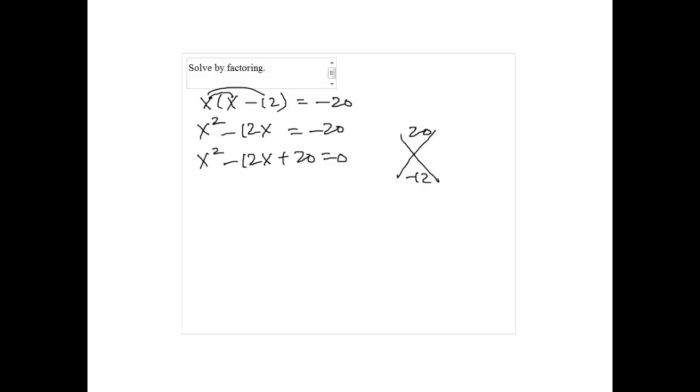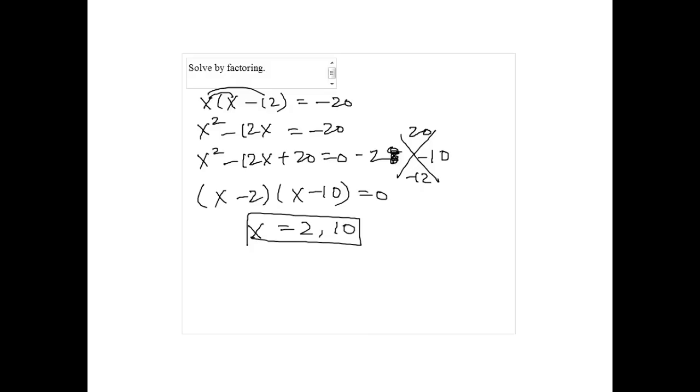By solving by factoring, we have x minus 2 times x minus 10 equals 0. So x equals 2 or 10.